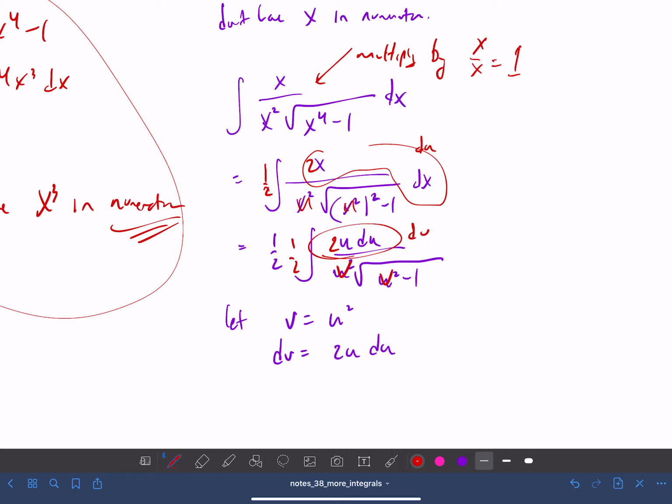I've got a v and a v, and I can rewrite this as a quarter of the integral of dv over v square root of v minus 1.